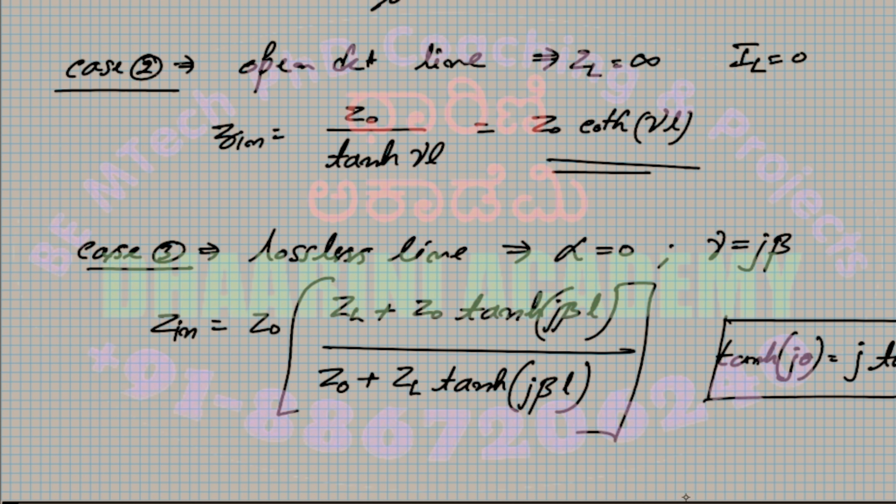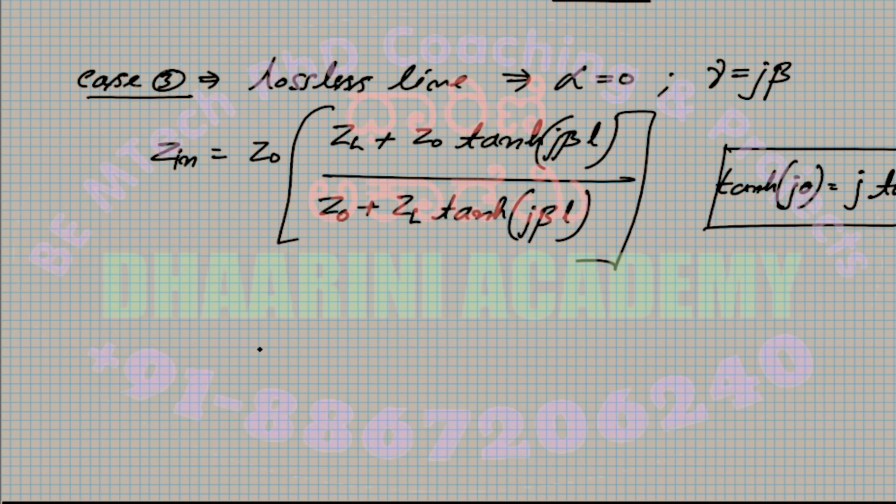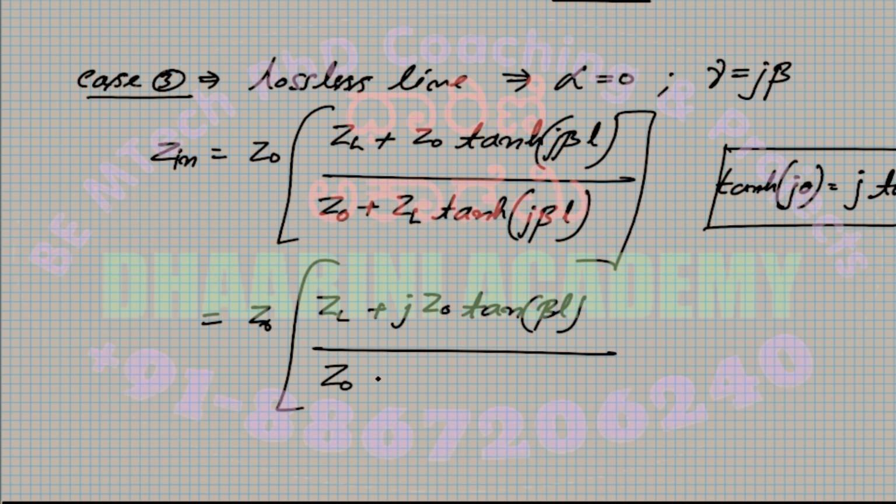The hyperbolic tan can be converted into the simple tan function. So put it here. That is Z naught times ZL plus j Z naught tan beta L, all divided by Z naught plus j ZL tan beta L. This is the equation for any lossless line.